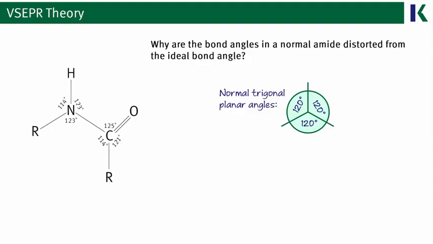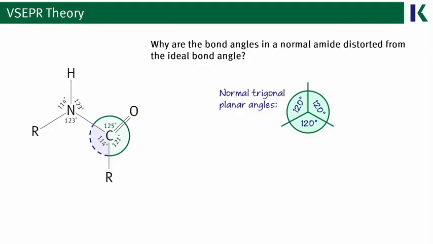Let's take that idea of spacing electrons apart as much as possible and apply it to the normal amide, where you can see the bond angles are not exactly 120. For example, if you focus in on these bond angles around the carbonyl carbon, you can see that those bond angles in green are a little bit bigger than ideal. But my question for you is, why does this make perfect sense? Why would we expect those bond angles to be slightly larger than the bond angle highlighted in purple?